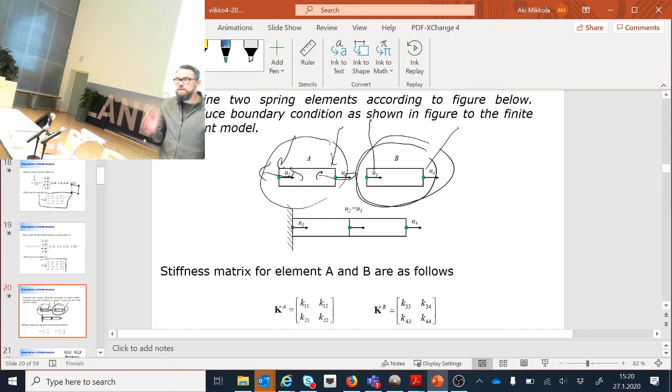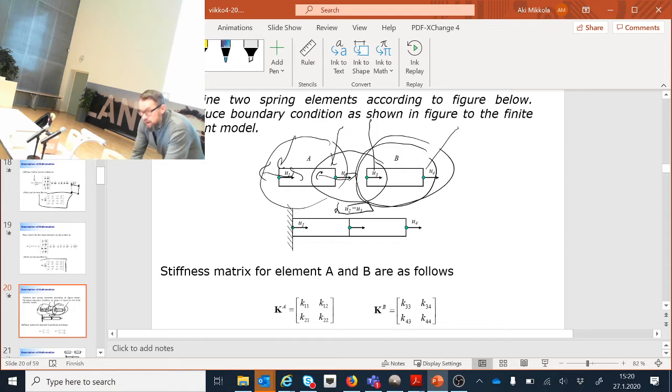Now, in the finite element method, when I'm assembling them to describe the entire structure, I'm saying that these 2 nodes will share the nodal degrees of freedom, so they will be united such that displacement 2 and displacement 3 will be the same all the time.